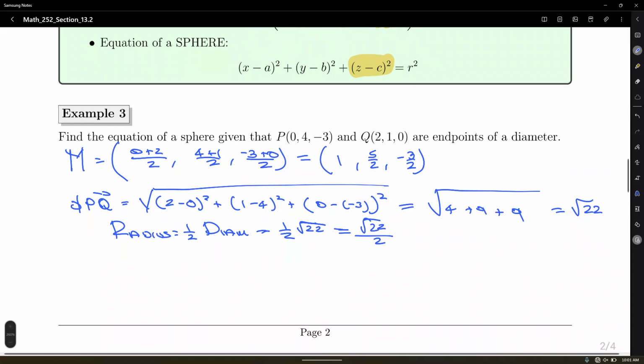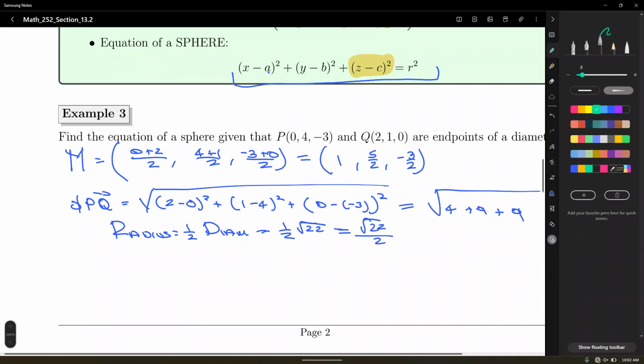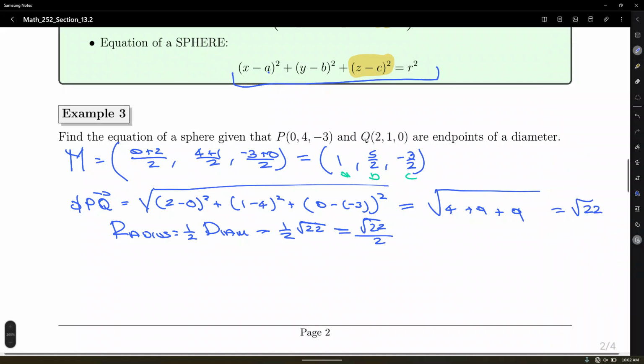So we're ready to write the equation of the sphere using the last equation in the definition box, where this is a, this is b, and this is c. So that'll be (x minus 1) squared plus (y minus 5/2) squared plus (z minus negative 3/2, that equals plus 3/2) squared, equal to the square of this number.